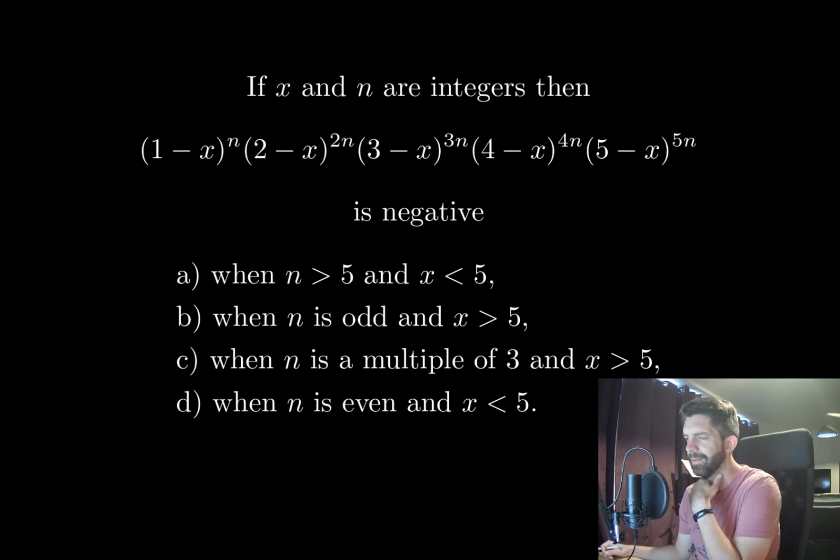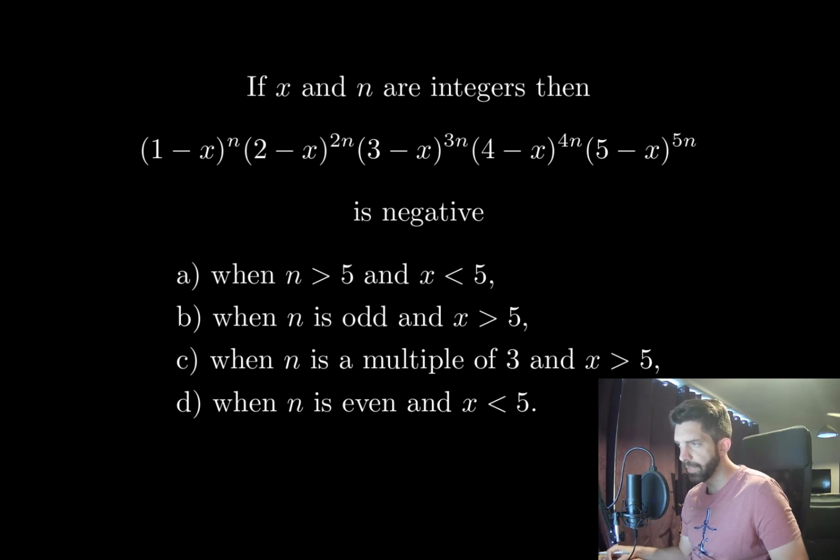Oh, sorry, what am I talking about? We're not worried about evens and odds. We're worried about positivity, okay? So we have to worry about whether the exponents are even or odd, and whether the bases are positive or negative. And I think it might be worth it to just work this out by the process of elimination.